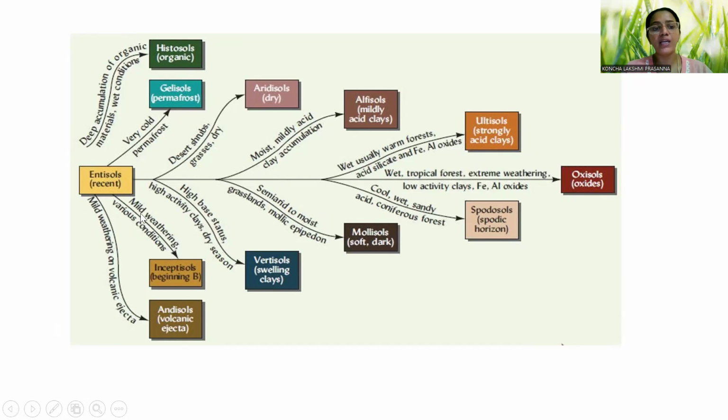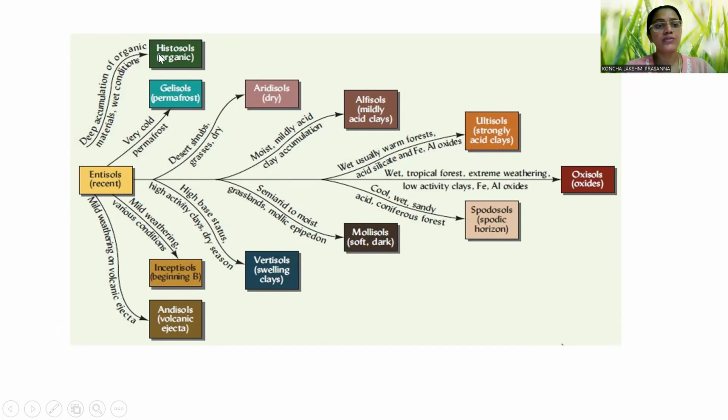These soils undergo mild weathering under various conditions. Next is the andisols. Andisols are mainly formed from volcanic eruptions. Mild weathering of volcanic ejecta leads to the formation of andisols.